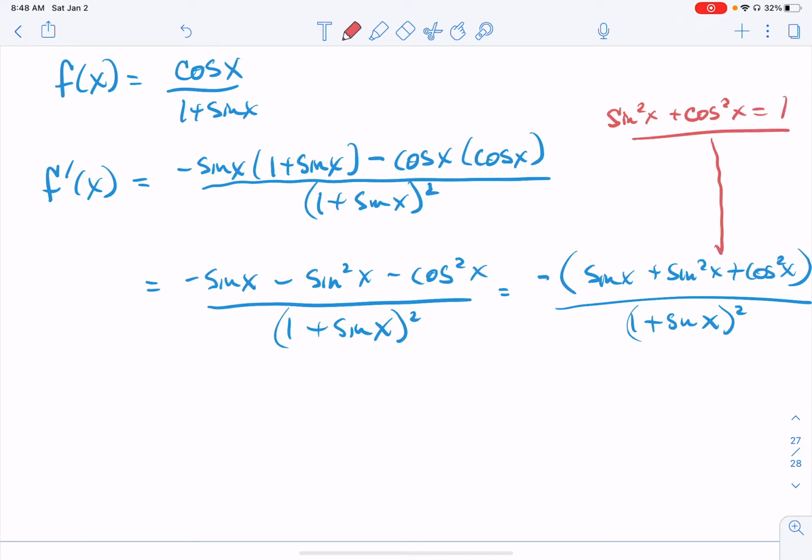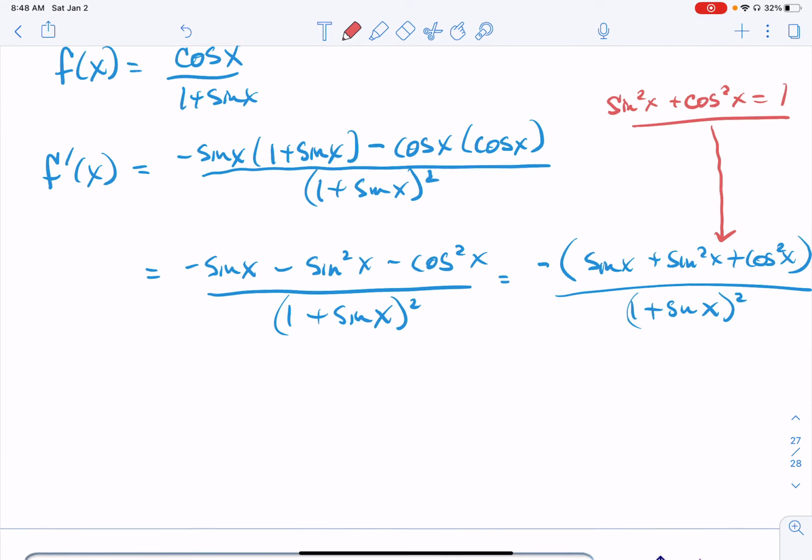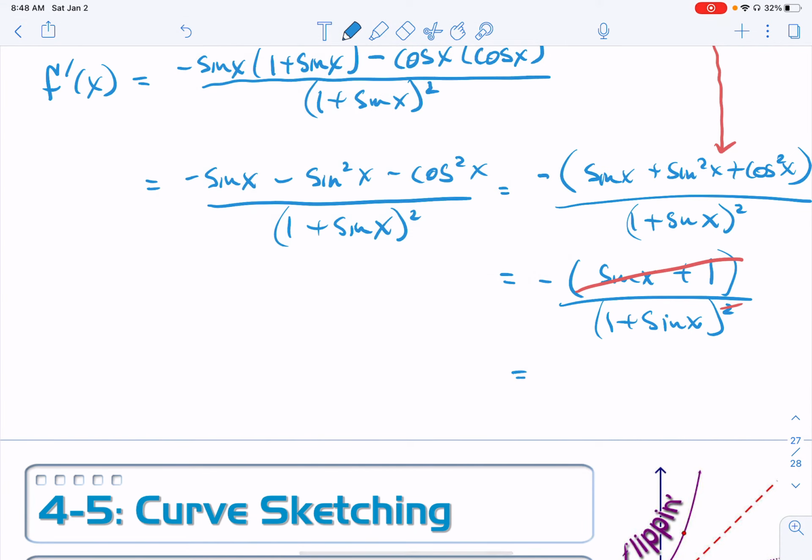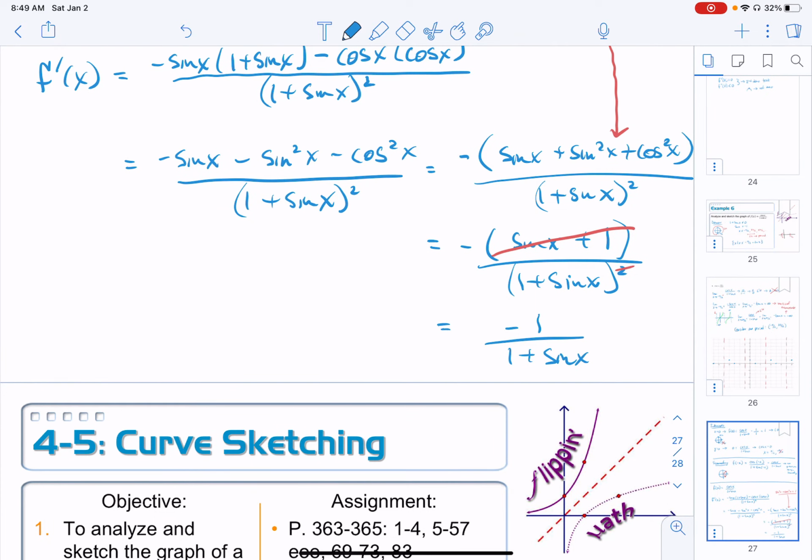So I'm going to plug that in there for this piece, and I get negative of sine x plus 1 over 1 plus sine x squared. What do you know? This whole top cancels out with one of these factors to give me a negative 1 over 1 plus sine x. Man, that turned out to be really super nice.